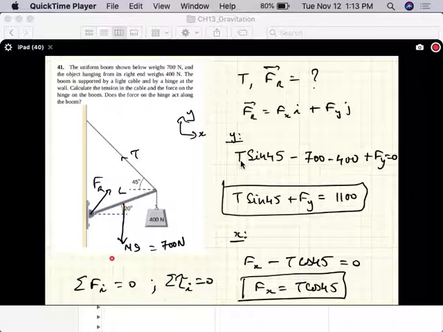This provides a clockwise torque. This guy provides a clockwise torque. The moment arm for this guy is L by 2 cosine 20. And the moment arm for this guy is L cosine 20. This force can be the tension.